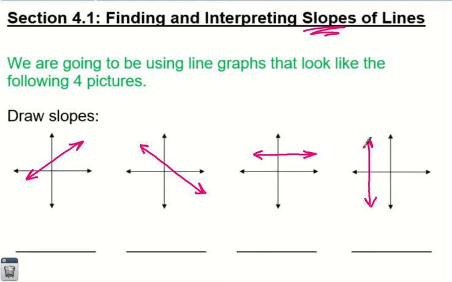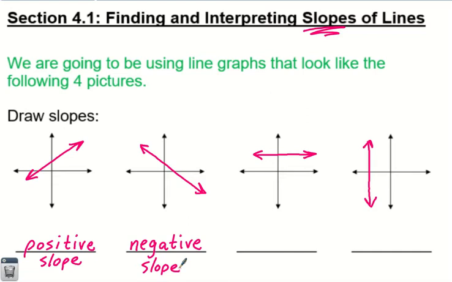And ultimately, if the line is an uphill line, that means its slope is positive. If the line is downhill at all, that means it's a negative slope.